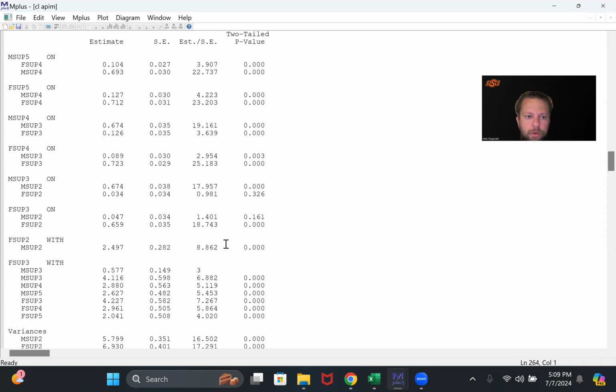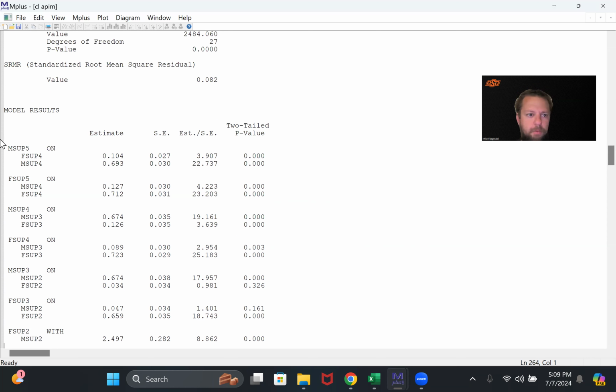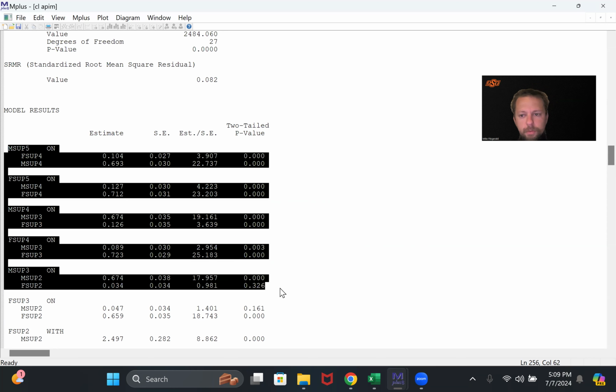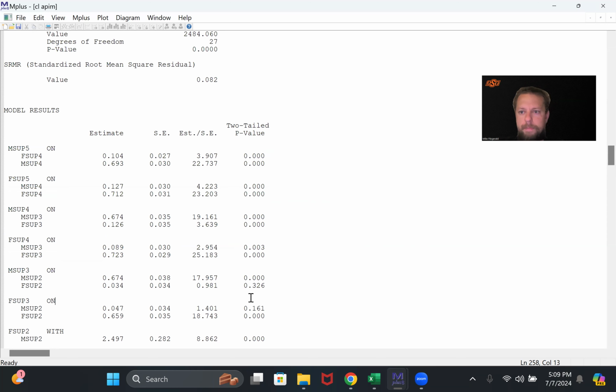All right, and so generally, I will look at unstandardized effects when looking at the APIM, because what happens when you take standardized estimates, you are creating a z-score based on the sample, and so you are dividing by the standard deviation.